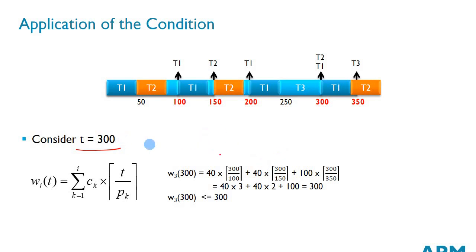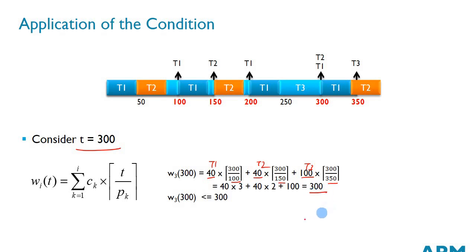So t equals 300 is the time that we're interested in. We look at all the periods of the higher priority tasks in the system, and for each of the tasks, look at the computation time. This is for task 1, this is for task 2, and this is for task 3. And we see that the total w that we get is 300.